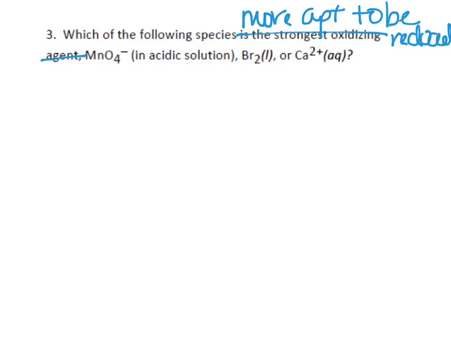So what we're going to do is go find your E values for each one of these. You're going to have to use the chart that is in your note packet. So go to the chart. It's like right before page 31. And find me the values for MnO4, Br2, and Ca2+.